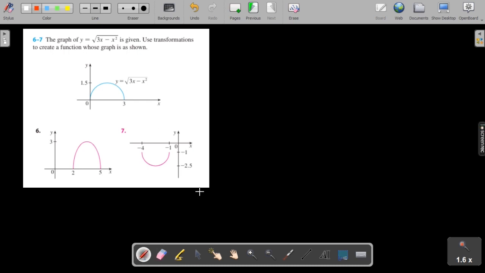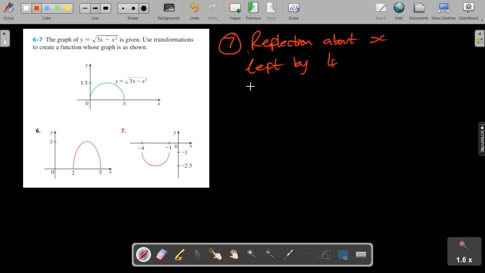So now let's document all of those things which happened to it. For 7, there was a reflection about x. Then there was a shift by 4, so we went to the left by 4. Then finally we went down by 1 unit.